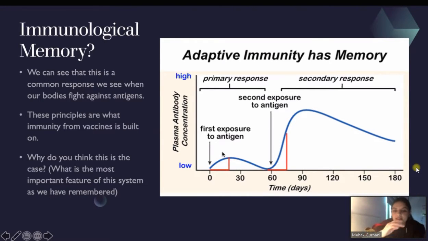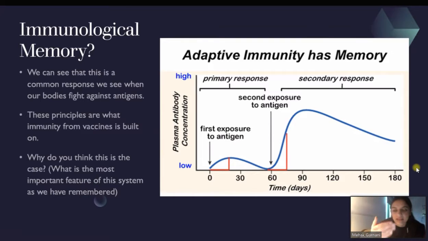So let's just try to see a graph in which this is the time on the x-axis, and this is plasma antibody concentration, which is basically the concentration of antibodies produced by your body. Initially, on the first day you get infected, or the first time you get exposed to this antigen, your body has no antibodies because it hasn't responded to it yet.